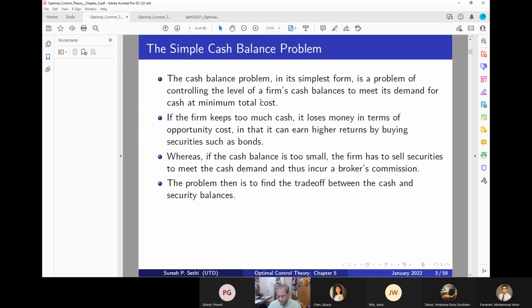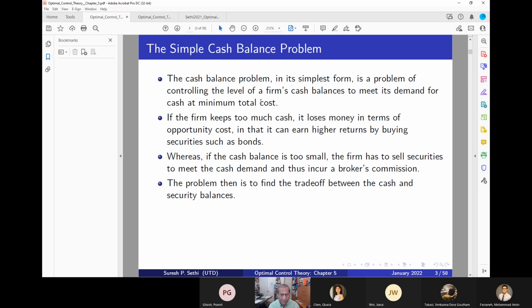When the firm sells the products, it receives cash, and when it uses machinery, labor, wages, whatever it needs, it has to pay. And so the net cash flow can be positive or negative over time.